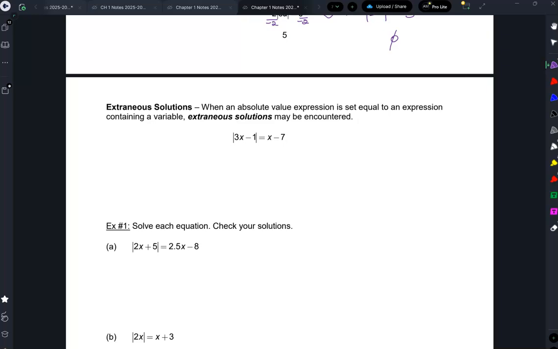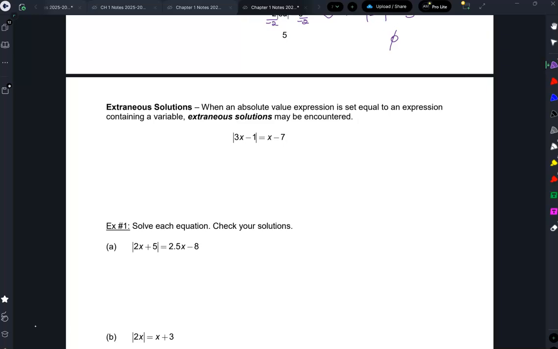When that happens, you can run into solutions that don't necessarily work. So you have to go back and check.